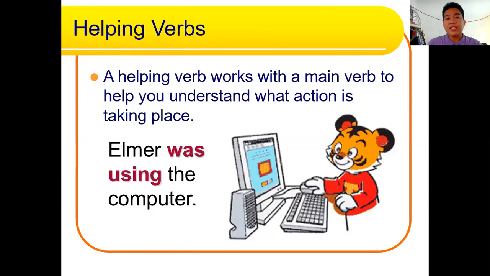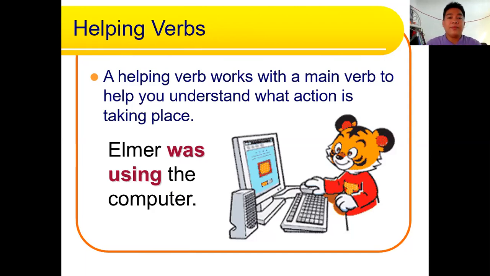Okay, so what are helping verbs? A helping verb works with the main verb to help you understand what action is taking place. For example, Elmer was using the computer. So we have the helping verb was, and the main verb is using. This is how you identify and use helping verbs.